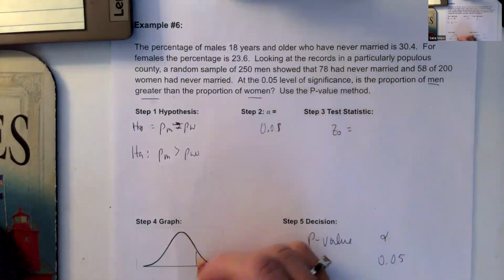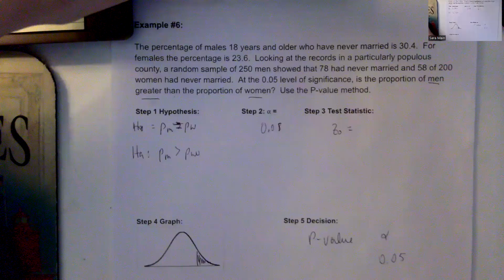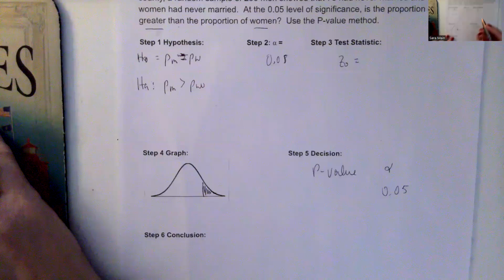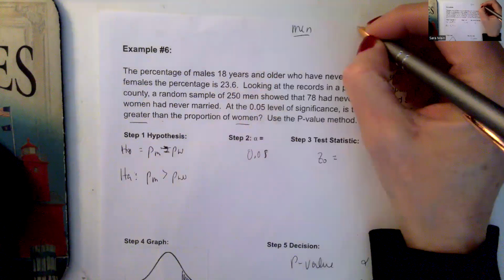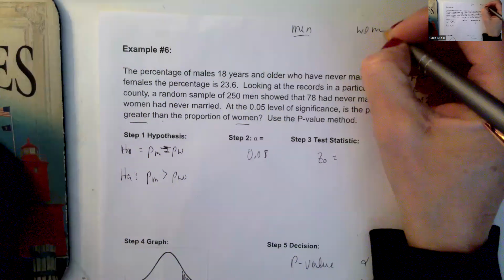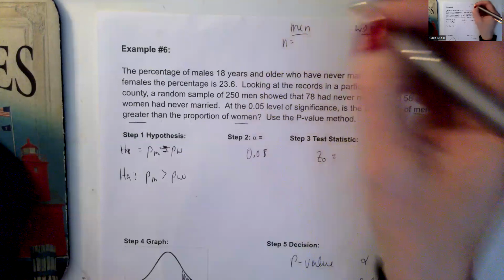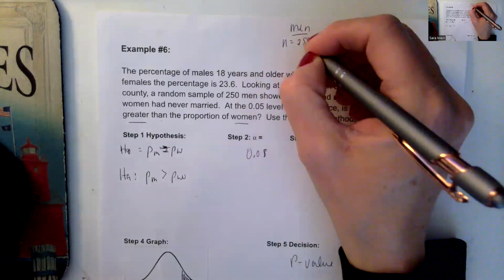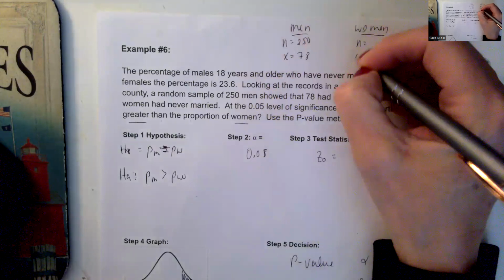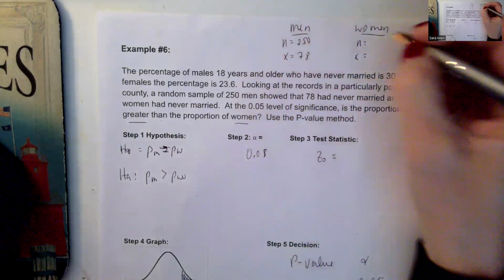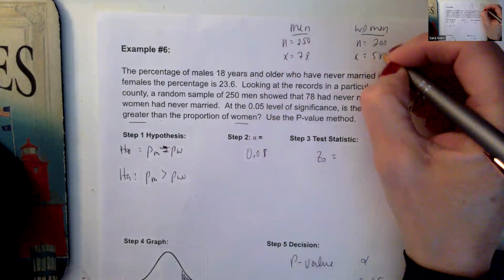And it's a greater than, so we're only shading on the right. And let's just write down our men and women, our data up here that we're going to enter. So we have N, they were 250 and X was 78. And then for women, it was 200 and X was 58.